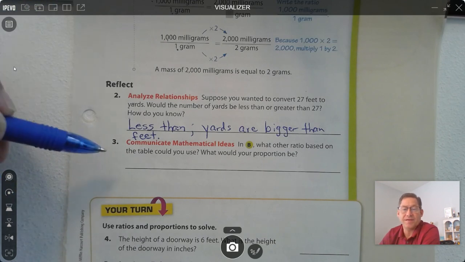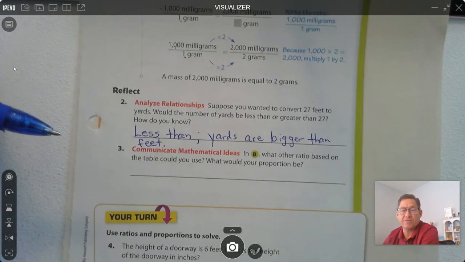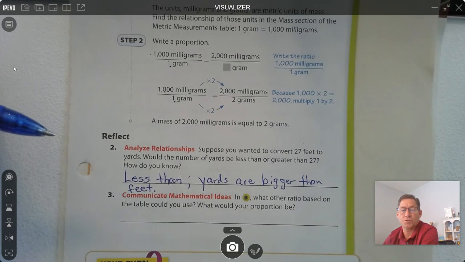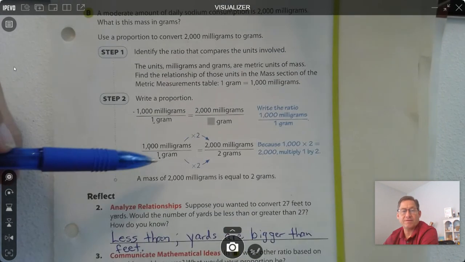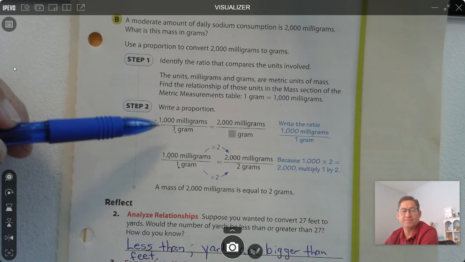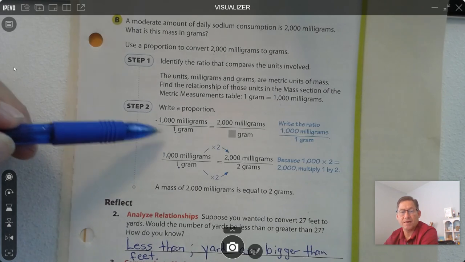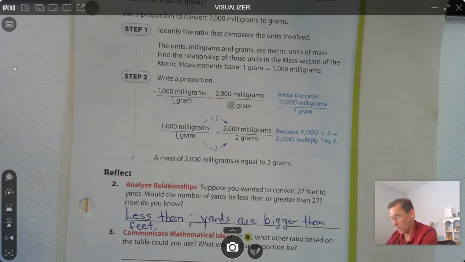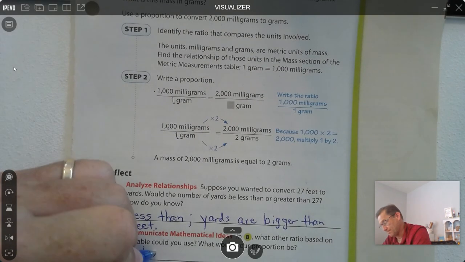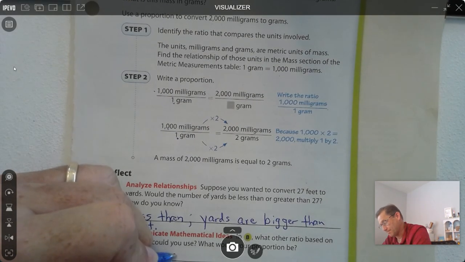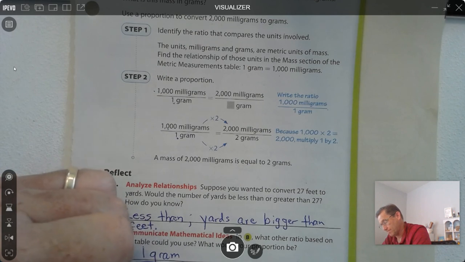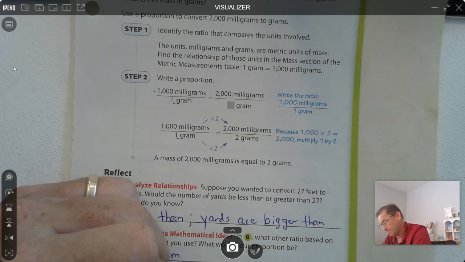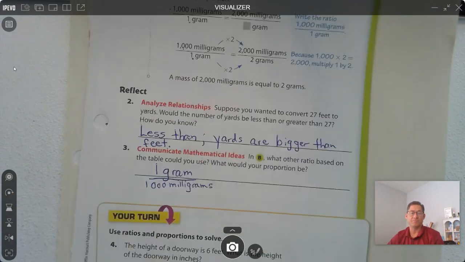Okay. In B, what other ratio based on the table could you use? What would your proportion be? So B, we were using the proportion 1,000 milligrams per gram. Well, we can also write that as 1 gram to 1,000 milligrams.